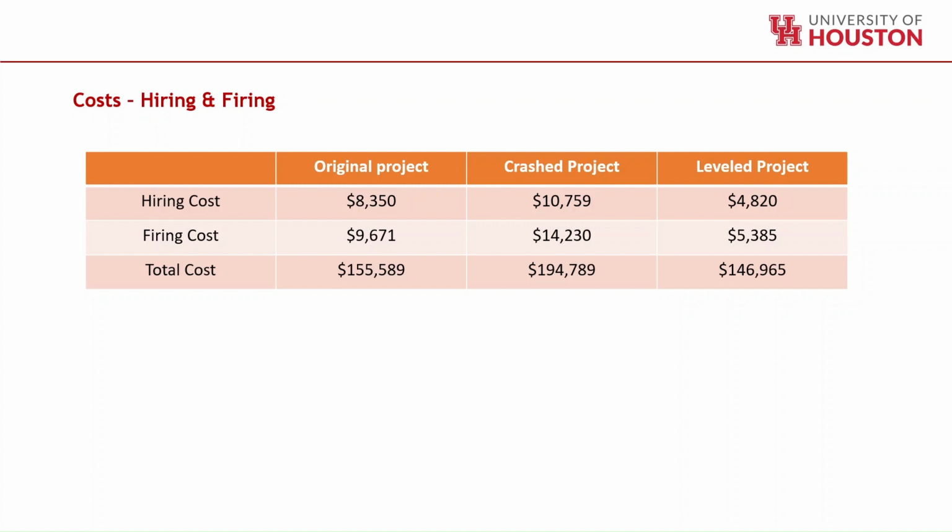We came up with the hiring cost of 10,759, firing cost of 14,230, and the total cost for the project was 194,789. In the level project, as you can see, the hiring and firing cost has been reduced because of the streamlined process. The hiring cost is only 4,820, firing cost was 5,385. The total cost came up to 146,965.